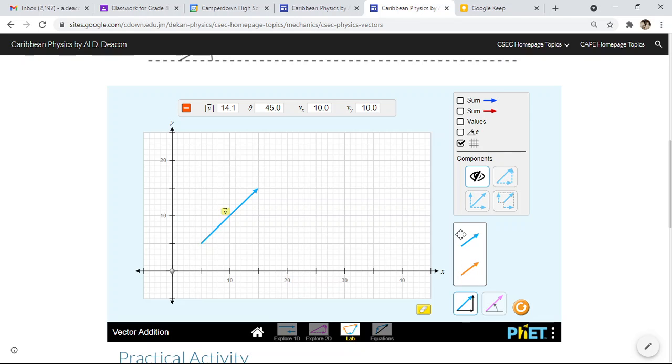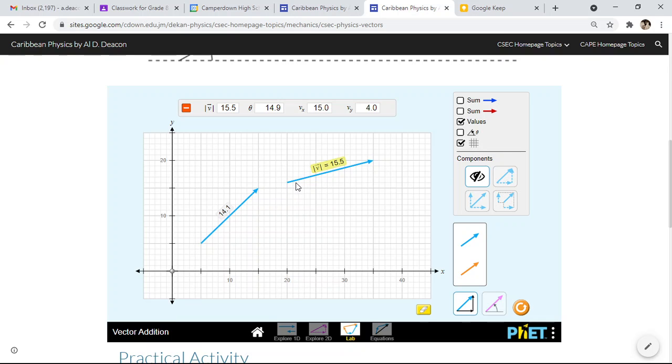Alright, now I'm going to be using blue vectors of different magnitude. With this vector we can tell the magnitude, right? The magnitude for this vector is 14.1. That's the length of the vector. The magnitude for this vector is 15.5. Good?